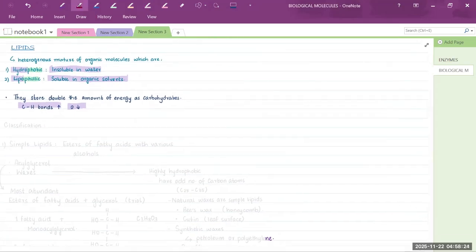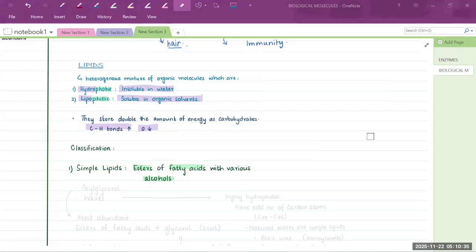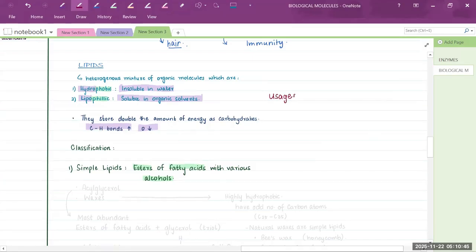Also, you need to remember that the order of usage in our body is first carbs, then our body uses lipids, and last proteins are used. So if carbs run out, we move on to lipids, and if lipids are used up, we move on to proteins.